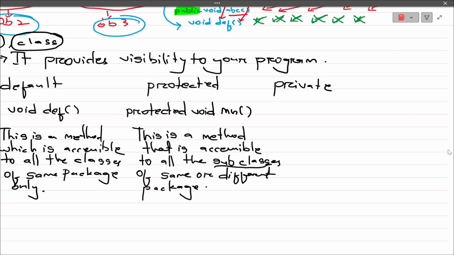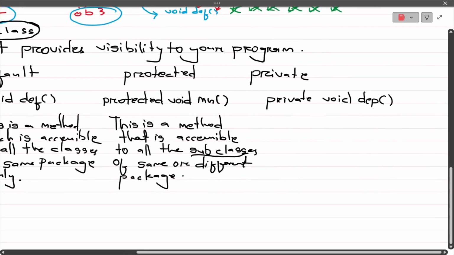Okay, now let me talk about the private. Suppose somebody has given private void DEP. So let me highlight the definition.